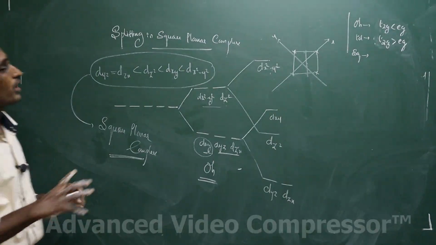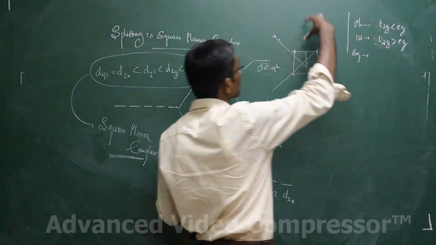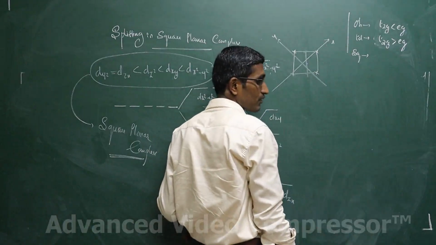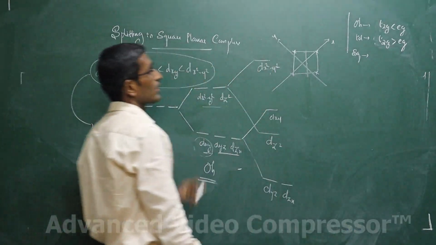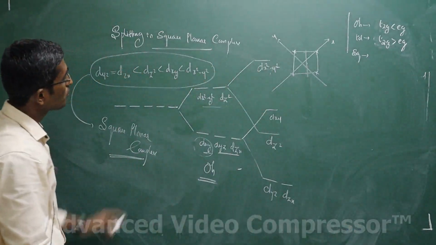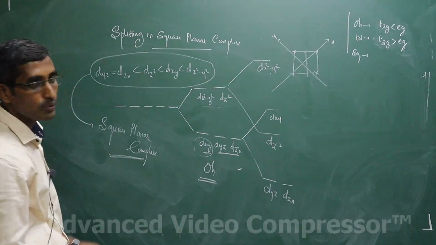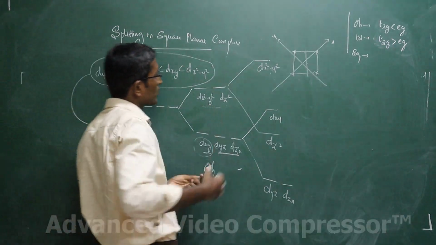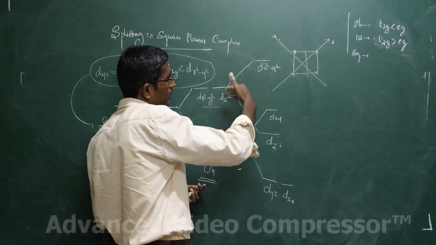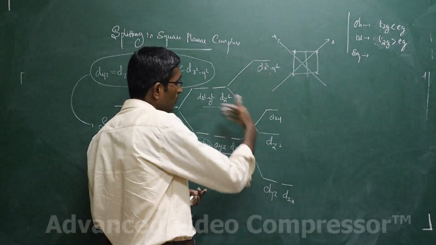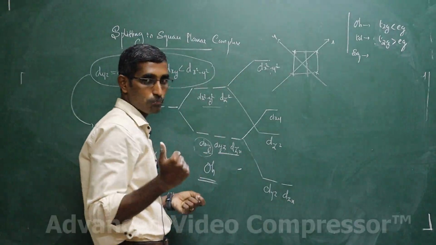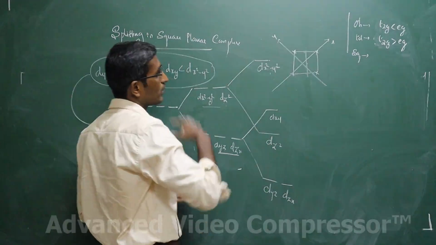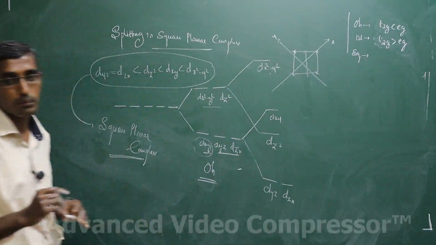You have removed the ligands coming along the z-axis, and hence those d orbitals which have a z component have less repulsion. So the law of conservation of energy has to hold. This has less repulsion, its energy comes down, obviously this energy has to go up. This is the splitting pattern in the square planar complex.